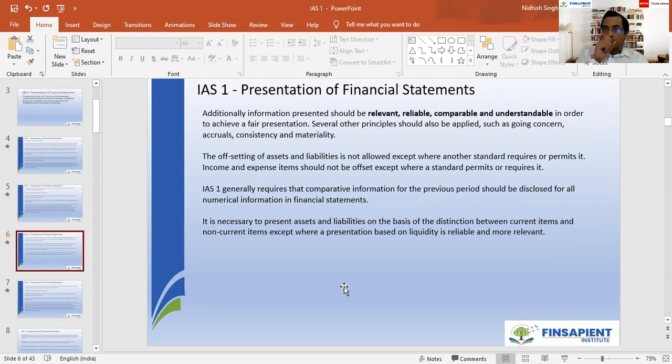Relevant. If we provide too much granularity of details, which is not relevant for any investor. Suppose we are talking about the balance sheet of $200 billion, and the information is provided for a few $100, and every line item is broken for even a couple of $1,000, which is not material, then it is not relevant information.